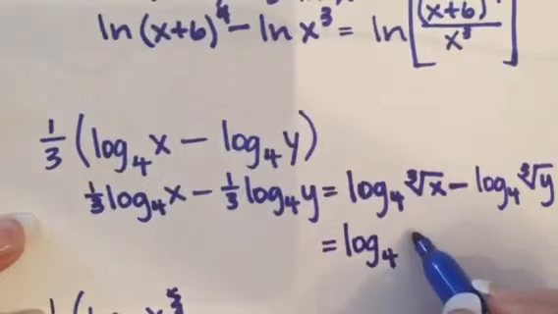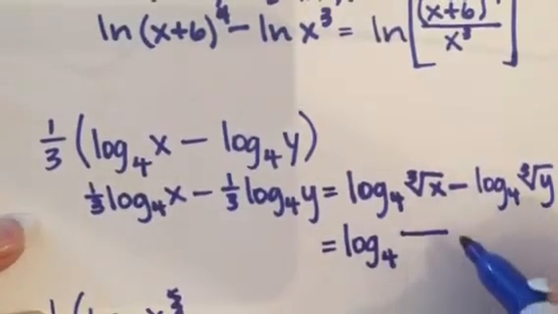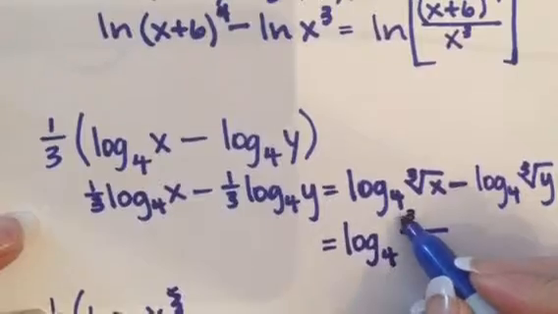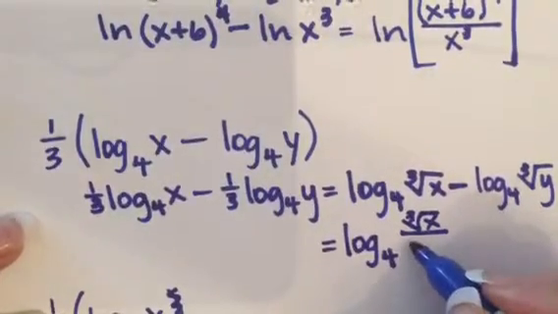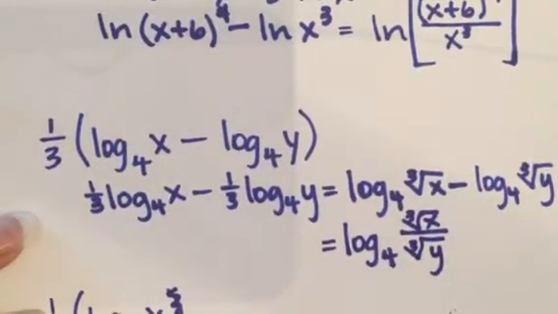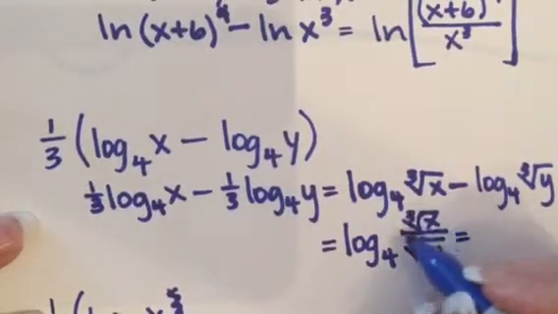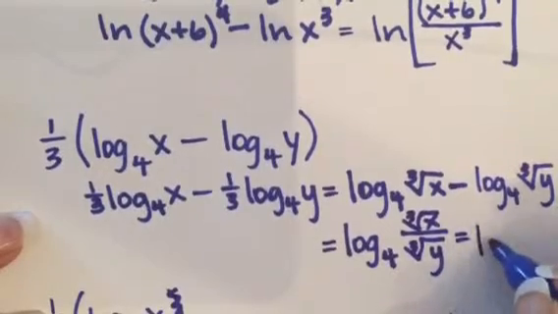And since that is a subtraction symbol, we have a division or a quotient in our argument. And the positive logarithm goes on the top, the cube root of x. And the negative logarithm goes on the bottom, the cube root of y. Okay, and we can call that good, or we can write this using our radical properties as just one radical.